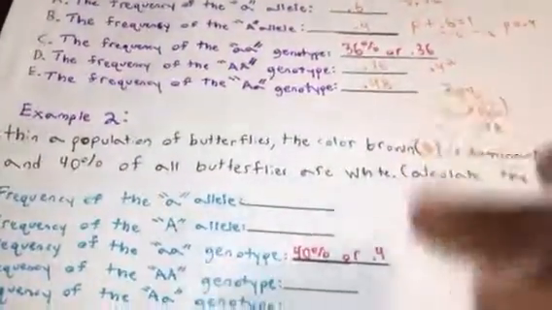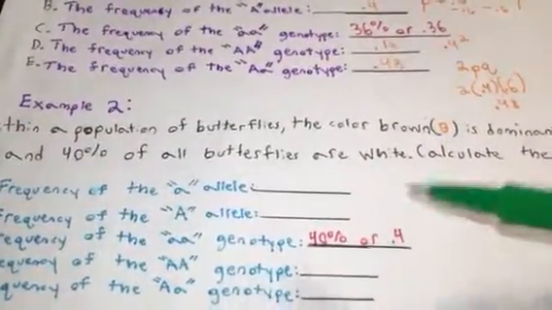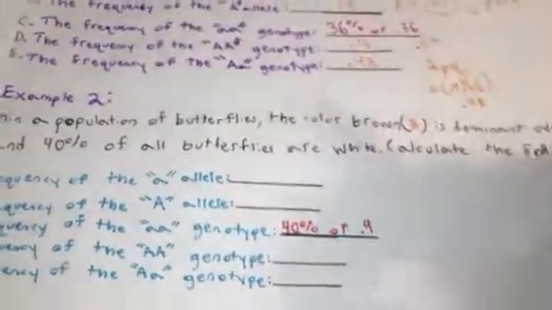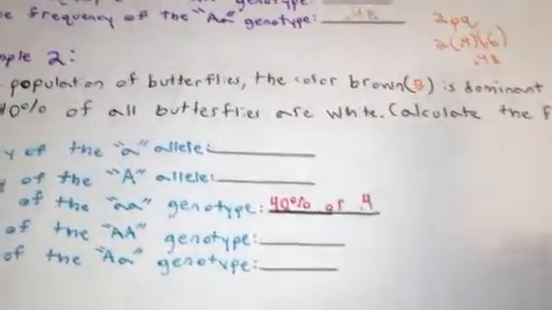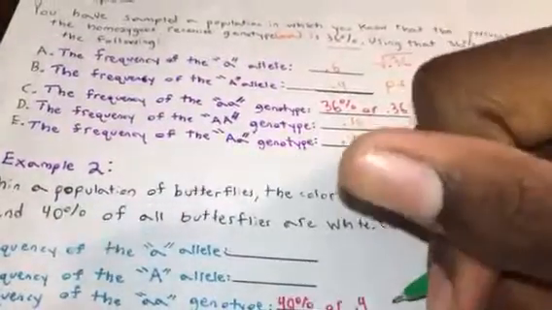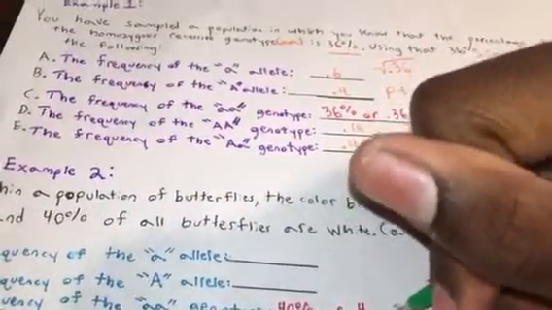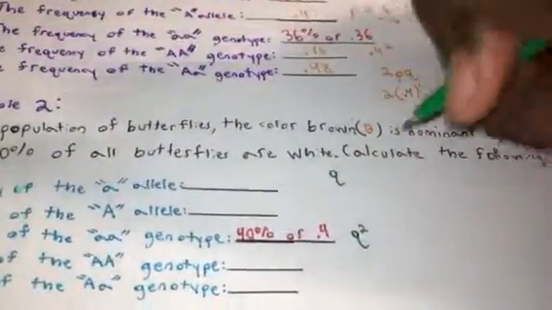So you easily can know that the frequency of the lowercase aa genotype is 40%, or 0.4, because you have to type into a calculator, so this will be easier for you. So like we did in the old equation, in order to get from q squared, because we know that this is q squared, to q, you have to unsquare or root it.